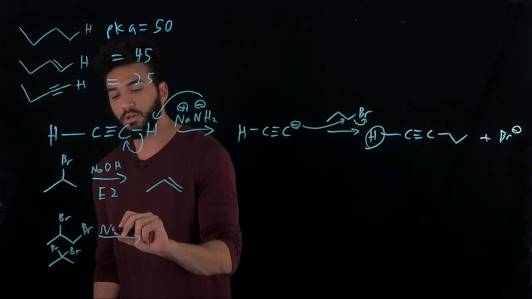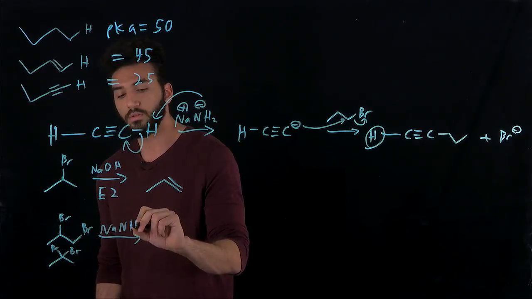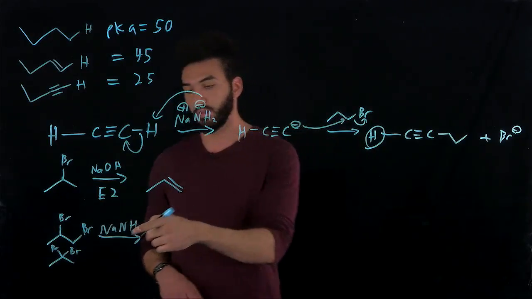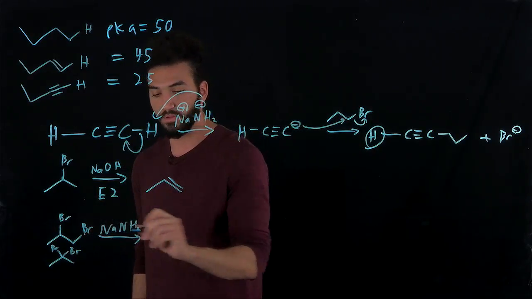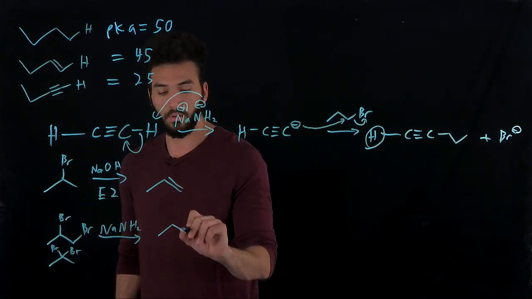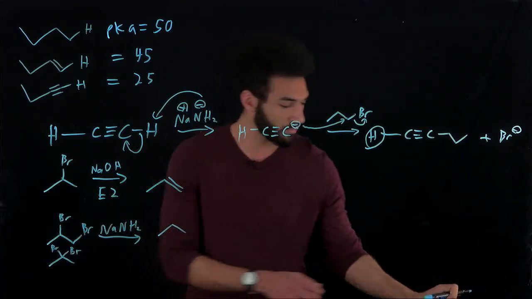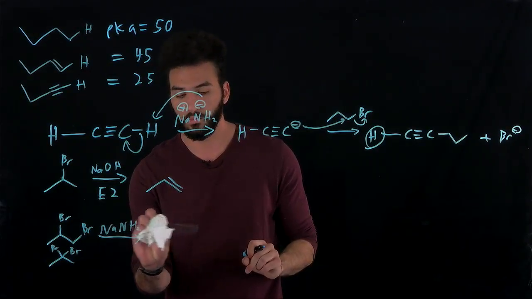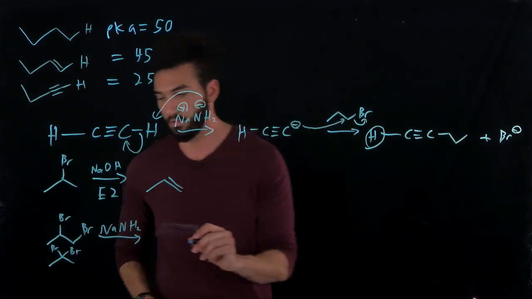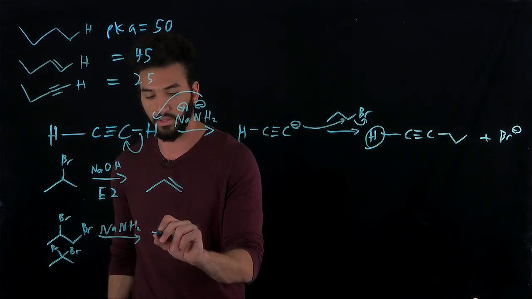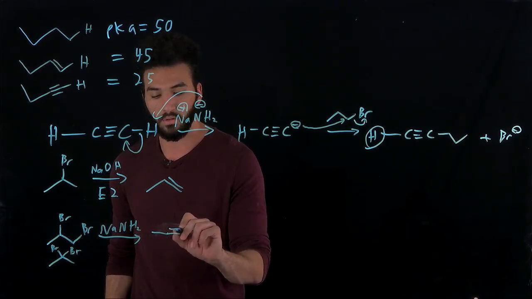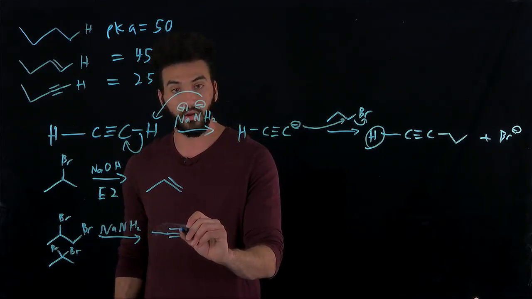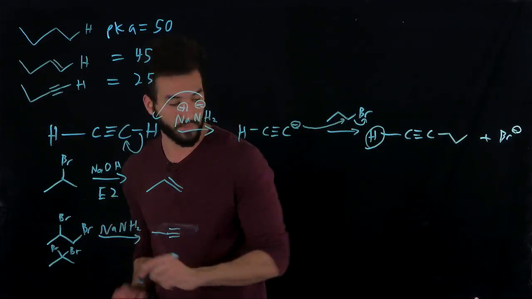So NaNH2 is going to go over here, 2 equivalents, and that's going to do 2 E2 reactions here, and in the top, we're going to get that triple bond. Sorry, it has to be straight, so it's going to look like this. Just like that.